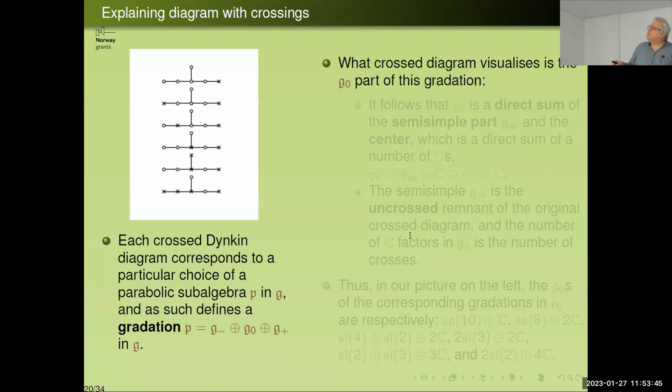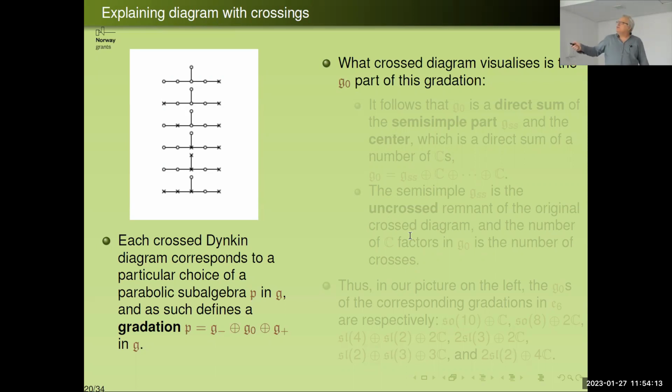So what the crossed diagram visualizes is actually the G0 part of the gradation. If you have a simple Lie algebra, take its Dynkin diagram and make some choice of crossing, for example this one, right? And what this crossed diagram visualizes is the G0 in this gradation.